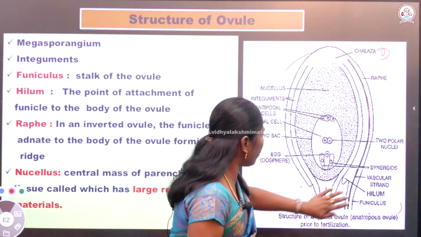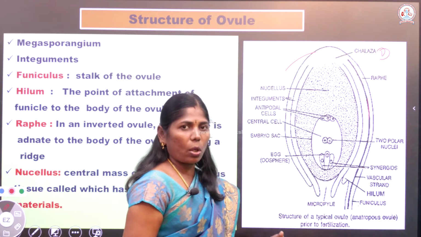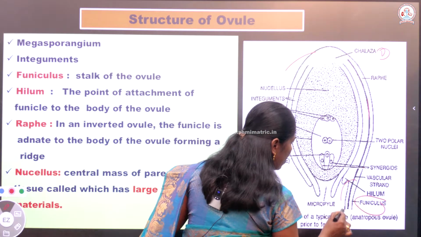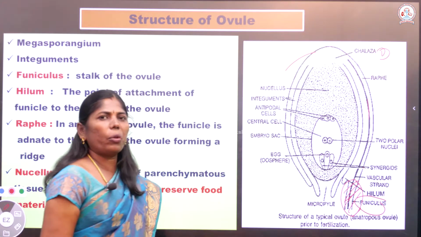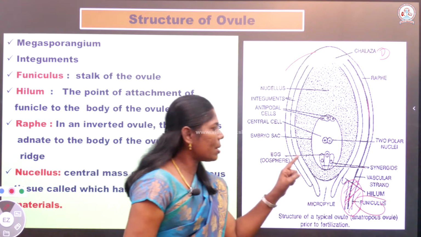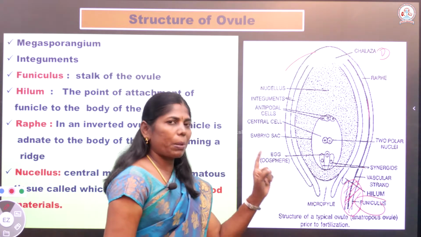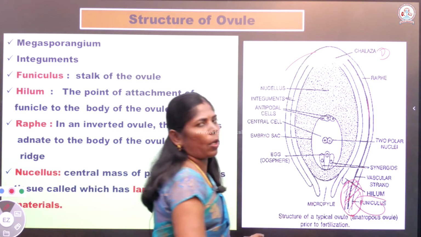The stalk of the ovule is called the funiculus, or funicle. It is used to attach the ovule to the placenta. For the ovule to be attached to the placenta, the funicle must be there.